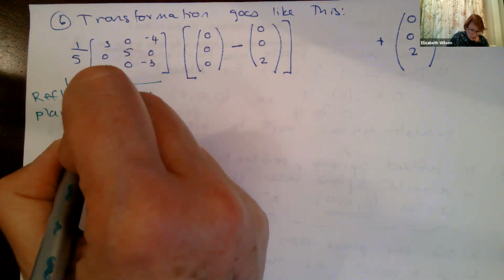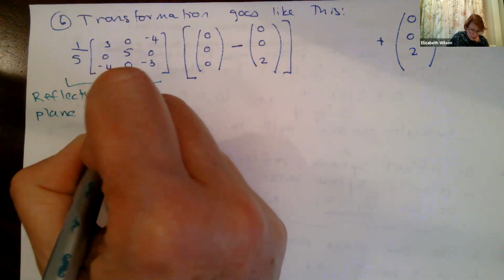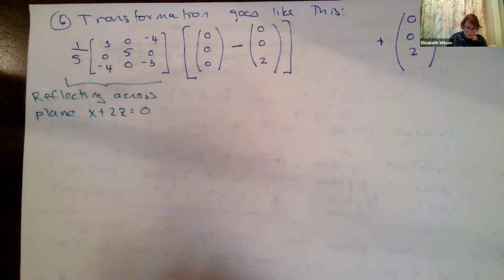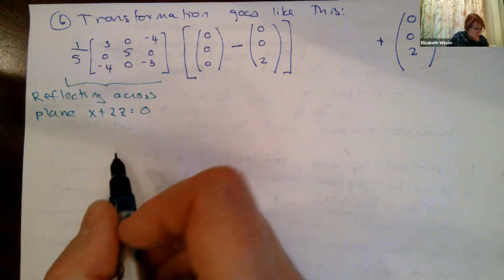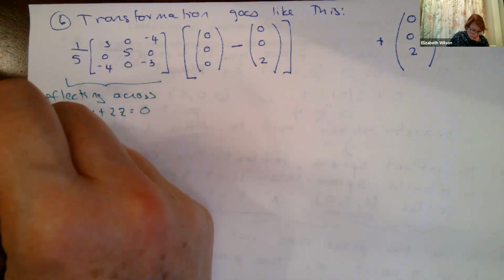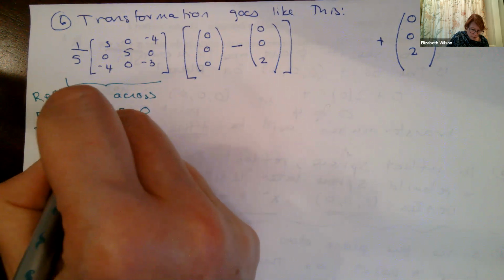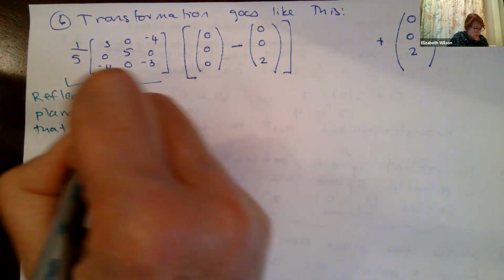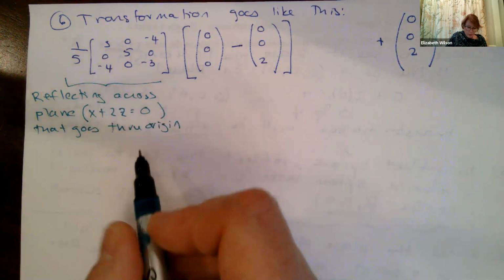That would be x plus 2z equals 0, right? This is our plane that goes through the origin. Here, that's this one.